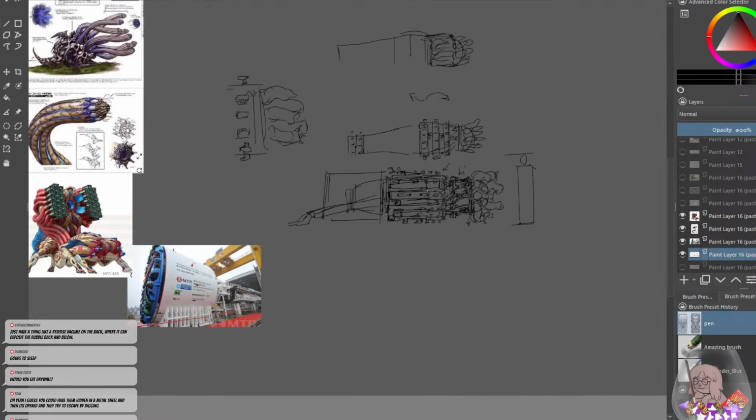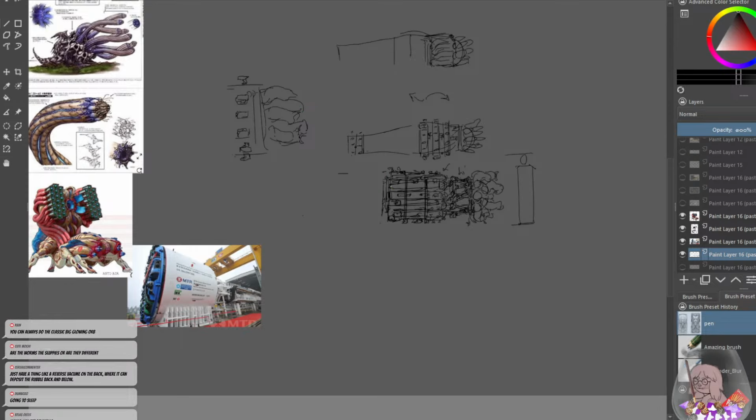And this feels too short. It's a tough one. Yeah, yeah, I am designing a tunnel dig.